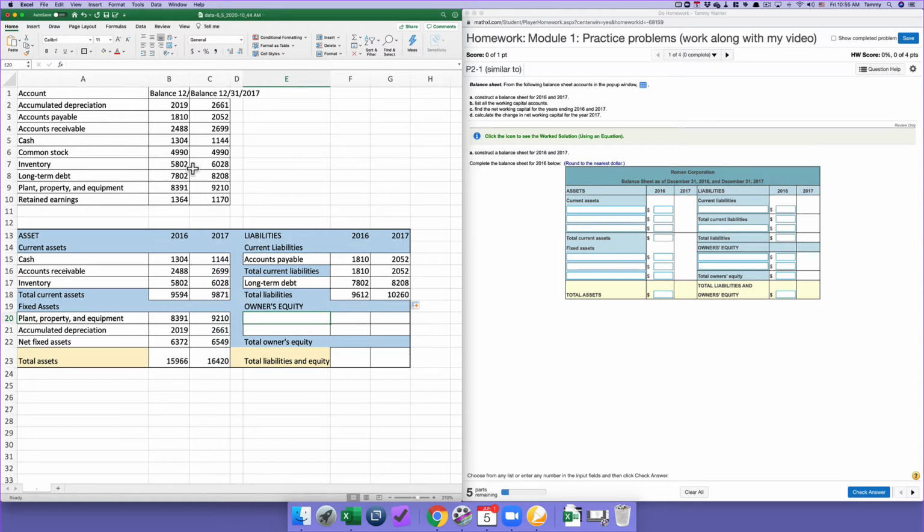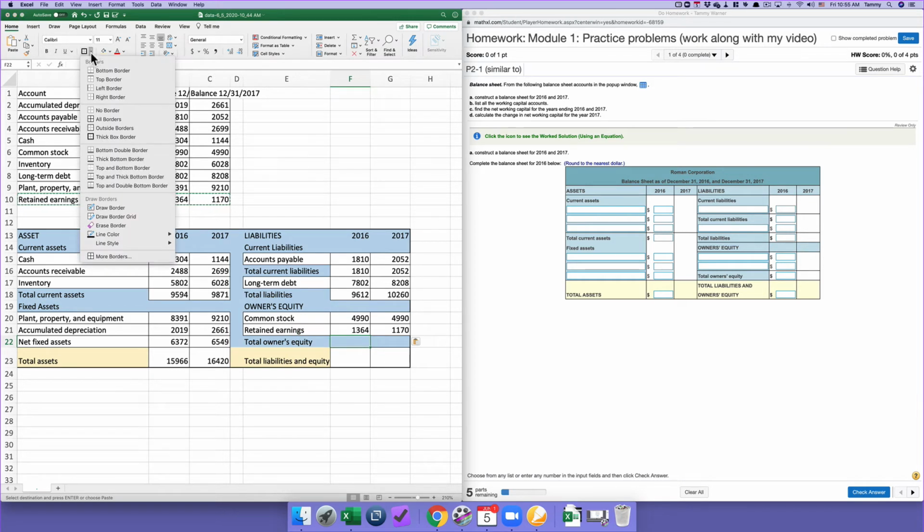So let's do common stock first. And retained earnings. So our total owner's equity, I need to make that cell blank and bordered.